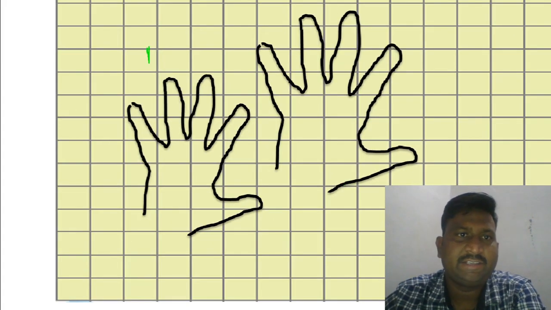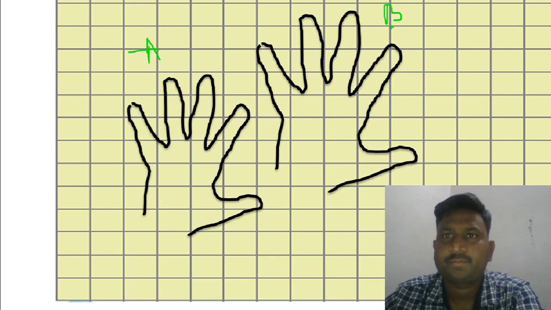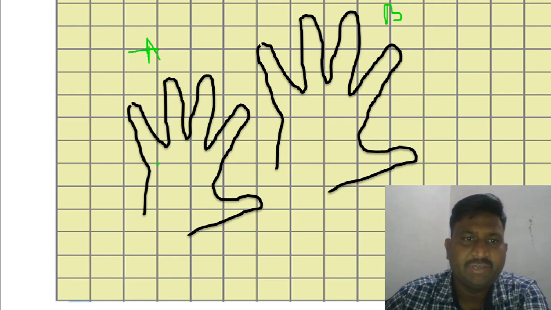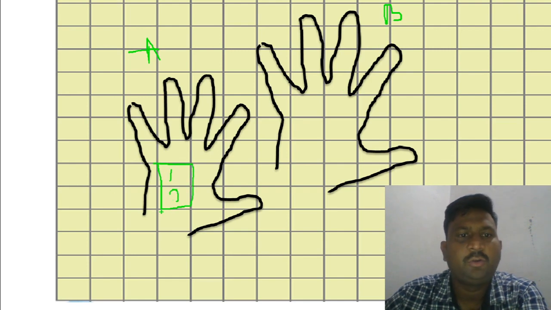So let this be hand A and this hand B. Now count complete squares. 1, 2. Only 2 complete squares are there.